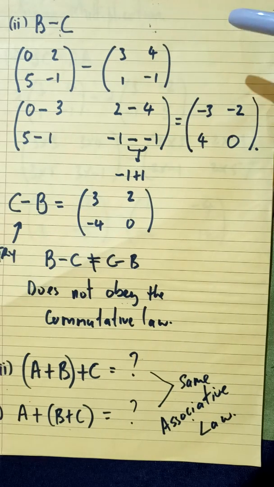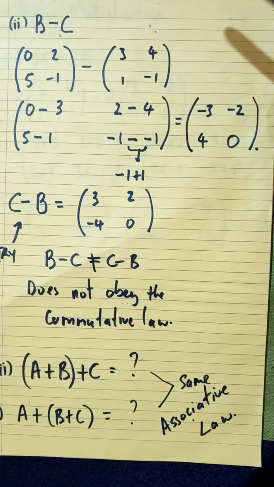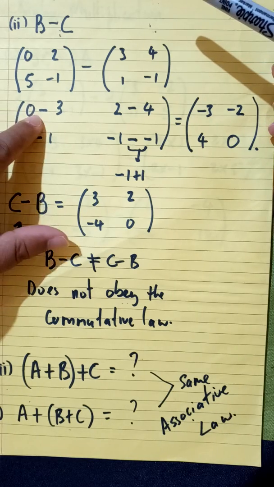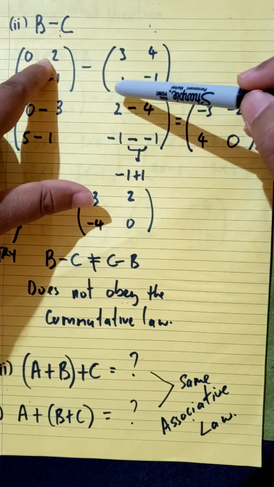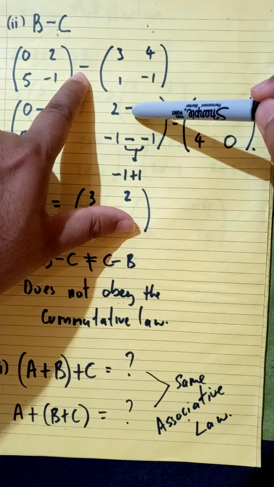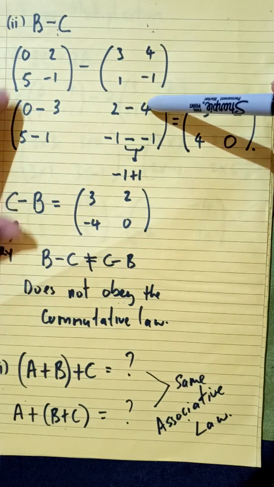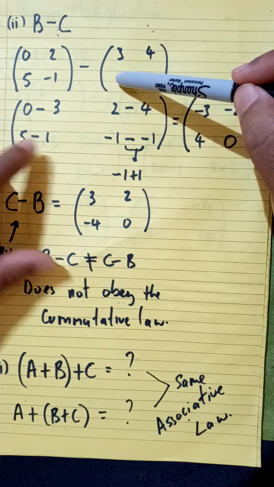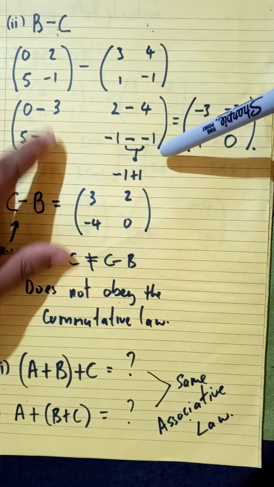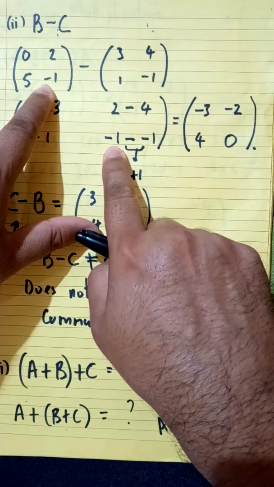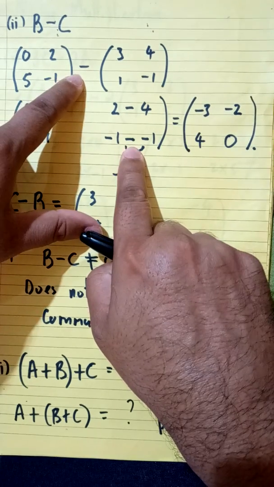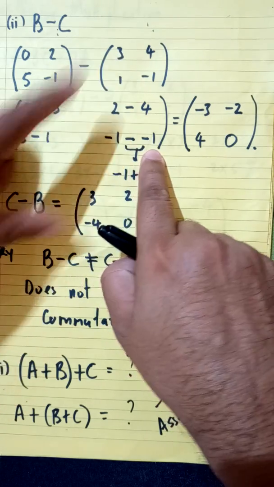So what we have here is 0 subtract 3, and 2 subtract 4, 5 subtract 1. And check this out: -1 subtract -1.